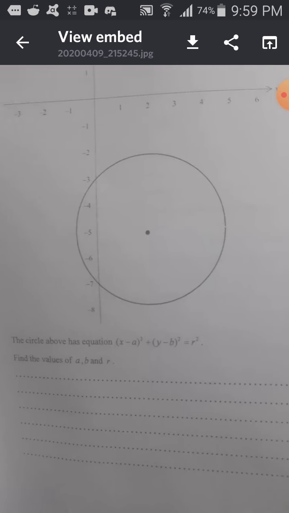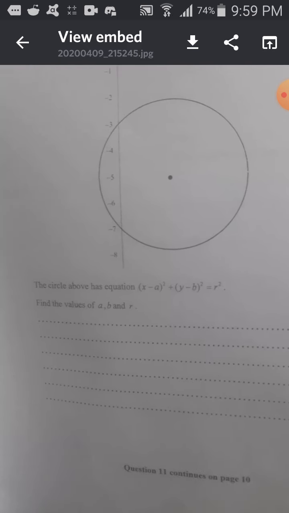But over here, this is the general formula of the equation of a circle with all the other factors that change the equation.